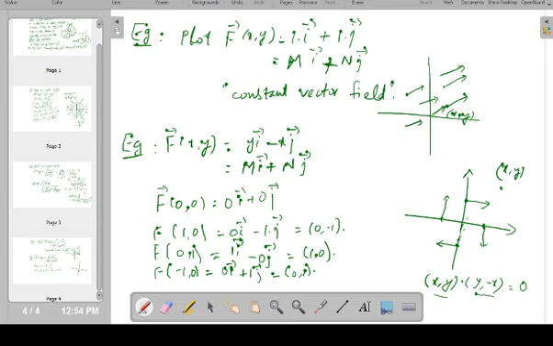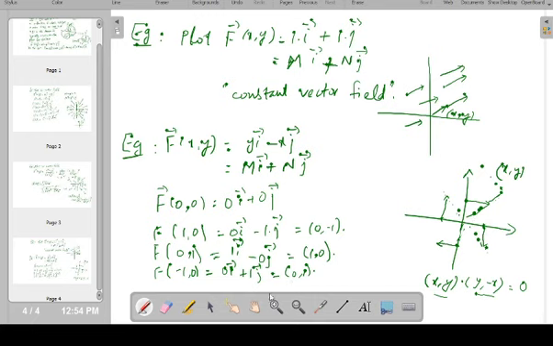So this is the input vector x comma y, and the output vector is orthogonal to it. So the output vector must be something like this, translated to this point, because these two vectors are orthogonal.